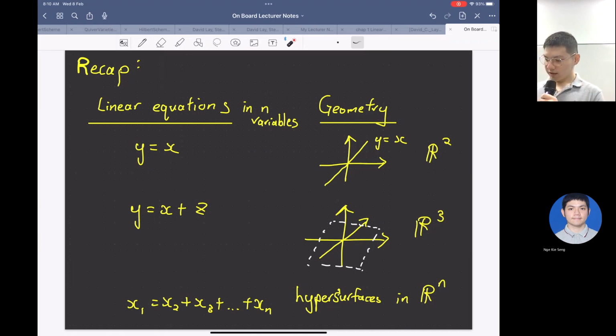And then what we do is we consider more than one linear equation, and look at their intersection.